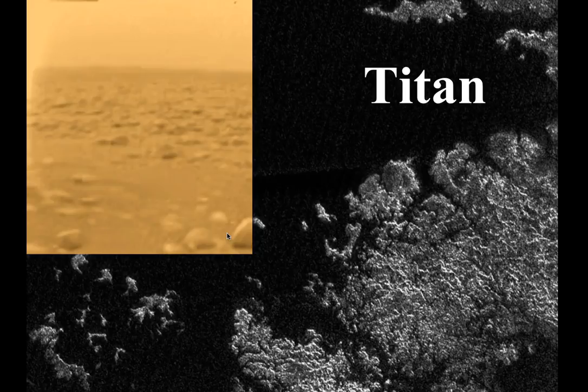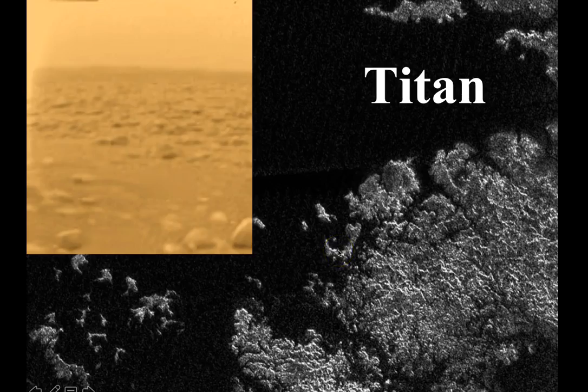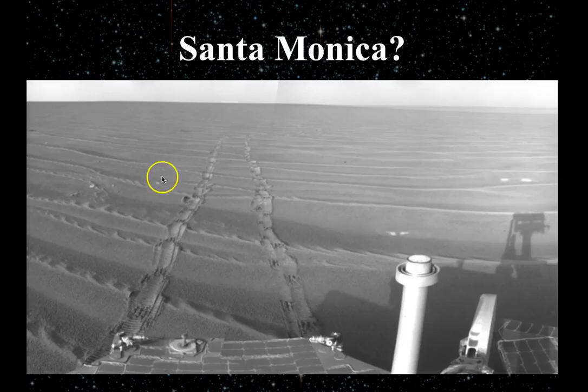This is Titan, a picture looking down like a bird's eye view, very bird's eye view. And then this is what one of our spacecraft, the Huygens lander, saw when it landed on Titan. There's a possibility of life there. It would be very different than our own.